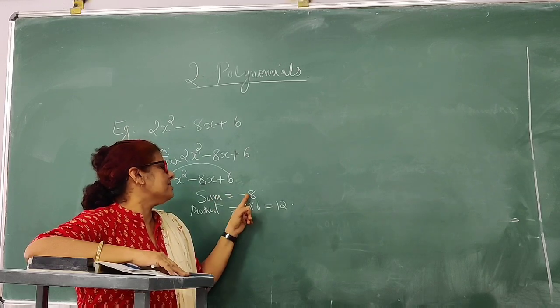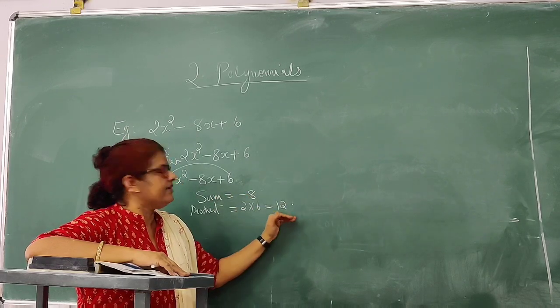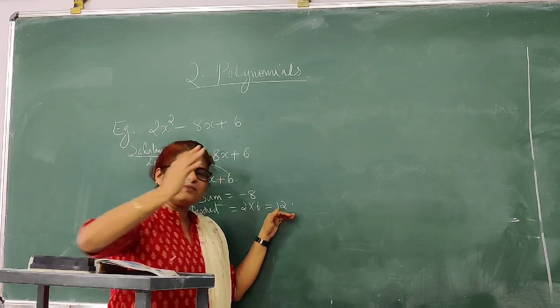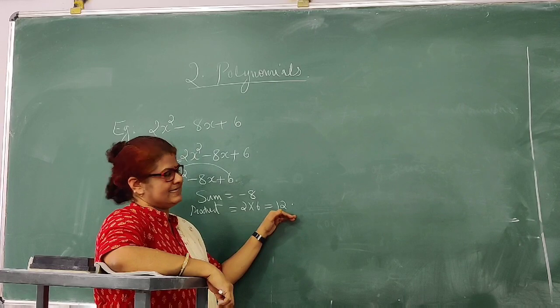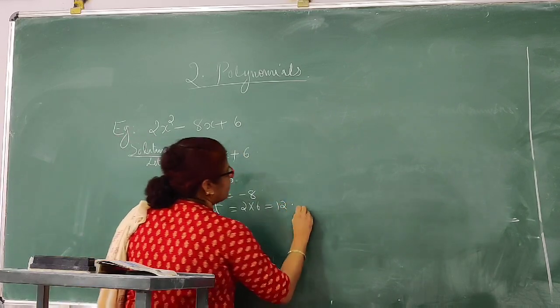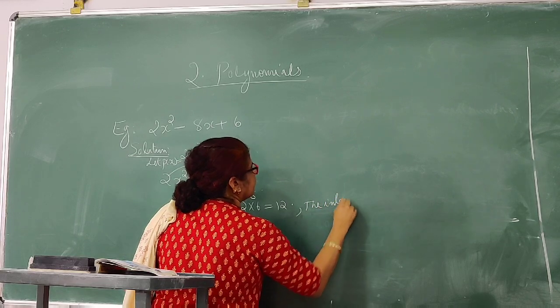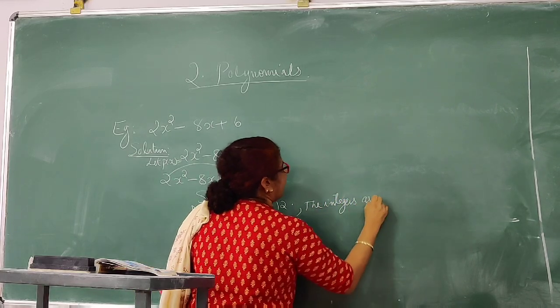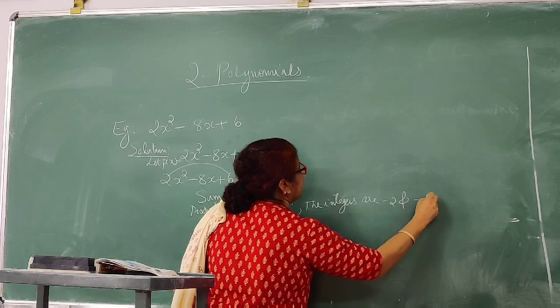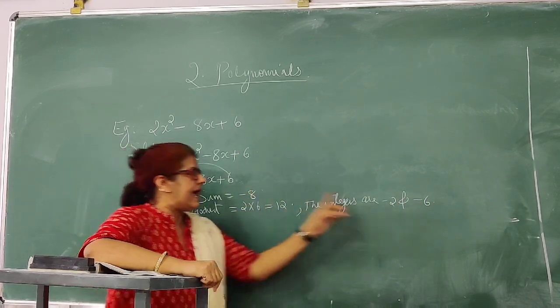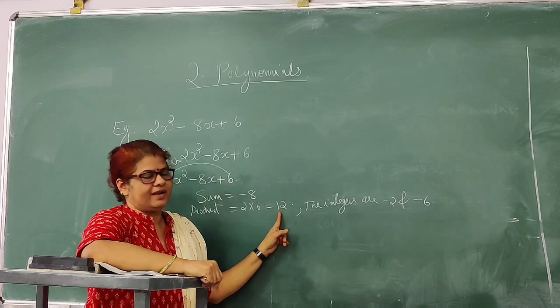When we add, we get -8, and when we multiply, we get +12. It is -2 and -6. Then we found the numbers. The integers are -2 and -6, such that their sum is -8 and their product is +12.